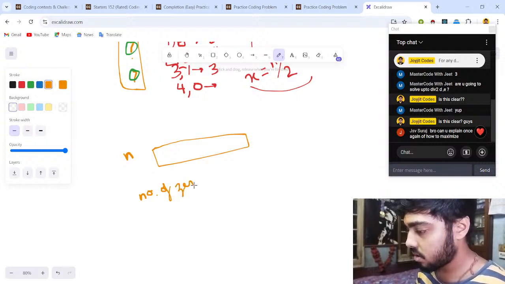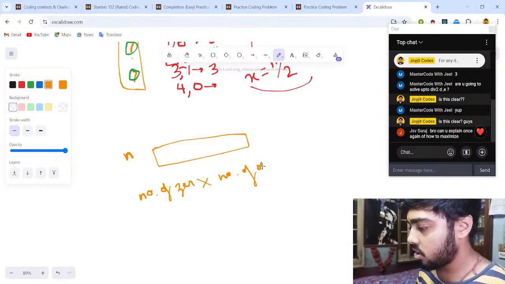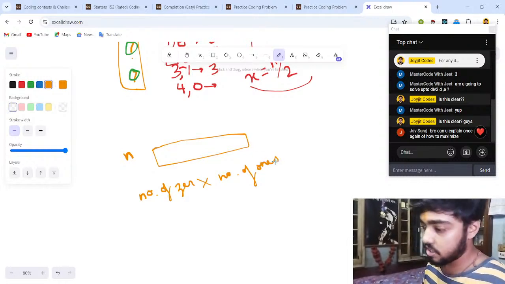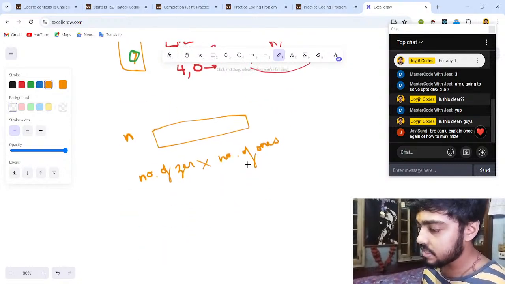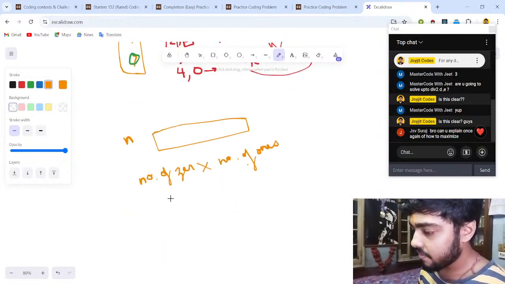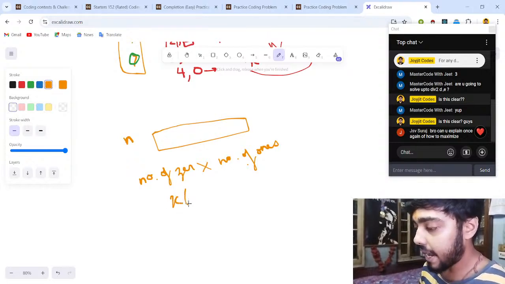Since it is the product of the number of zeros and the number of ones, if the number of zeros is x, then the number of ones will be n minus x, because there are n total.